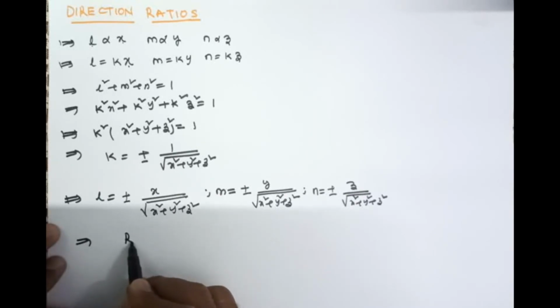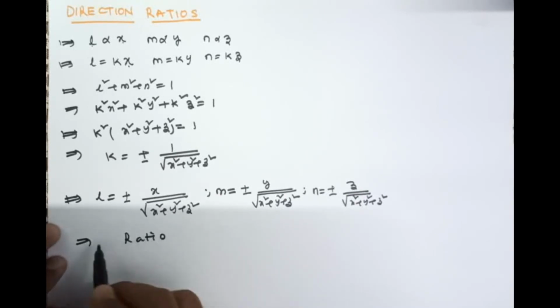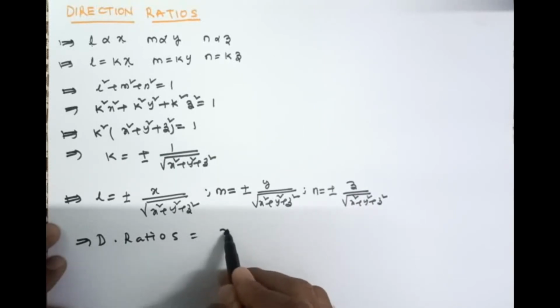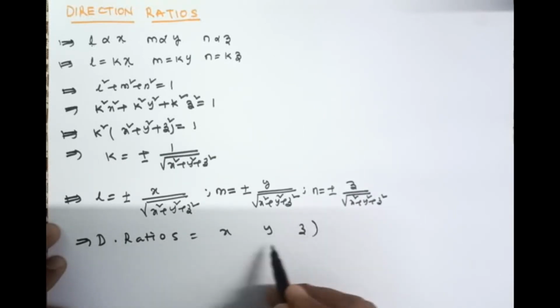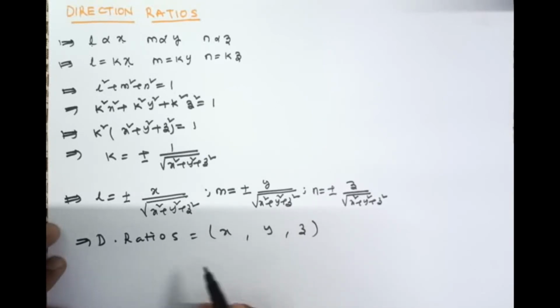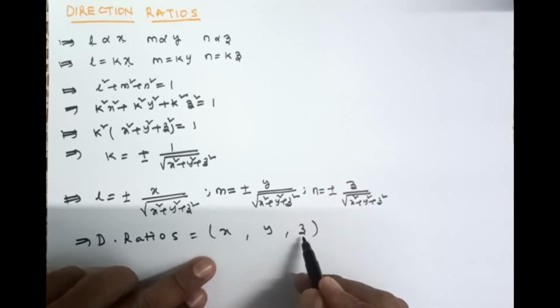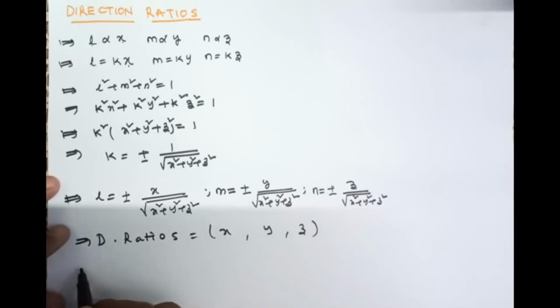So direction ratios are x, y, z. Suppose these are the direction ratios. If you divide with its magnitude, then they will become direction cosines.